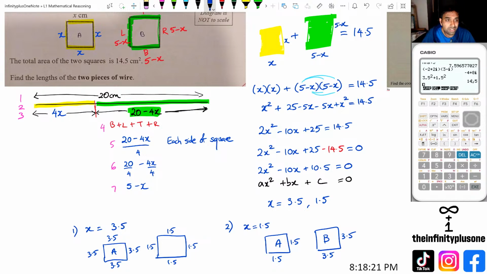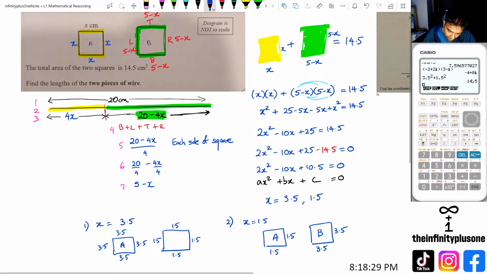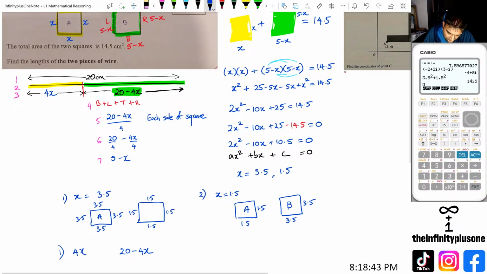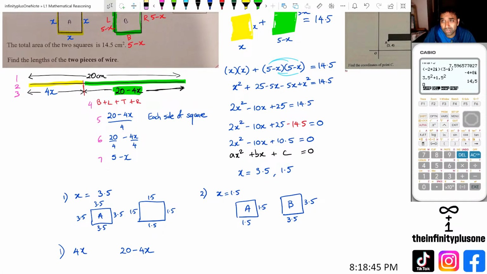But the question itself is asking, find the length of the two pieces of wire. Now our two pieces of wire, one piece is 4x, and the other piece is 20 minus 4x. It doesn't matter which way you do it, because your answer is going to be the same either way.